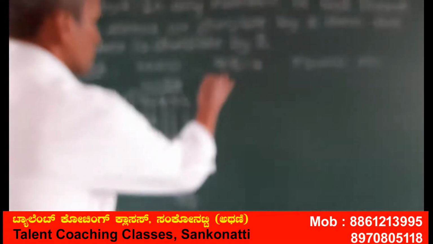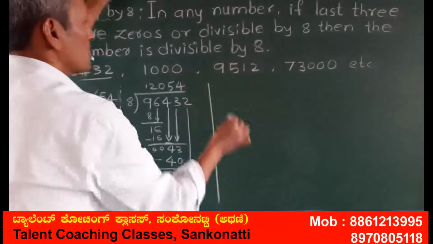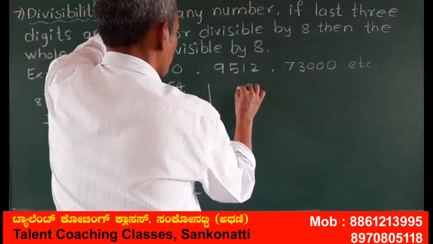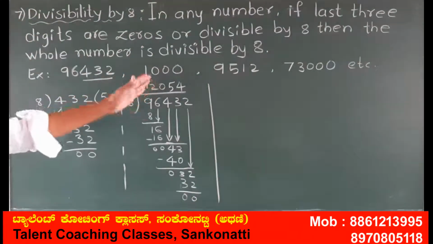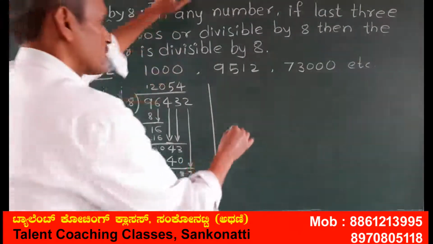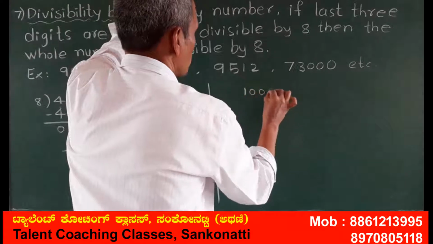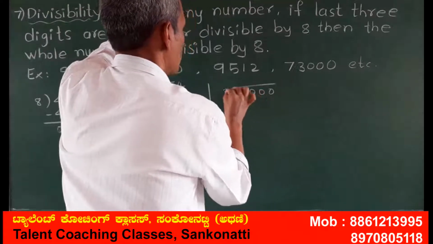Now we will check this number 1000. If the last 3 digits are 0, the rule says the whole number is divisible by 8. Now we will check whether 1000 is divisible by 8 or not.